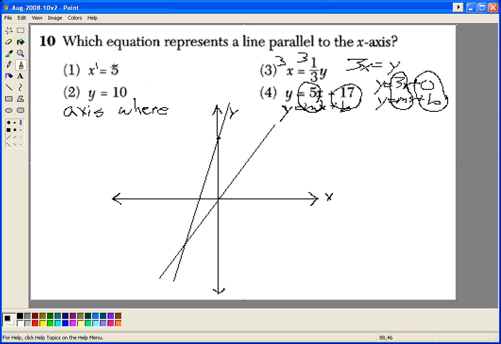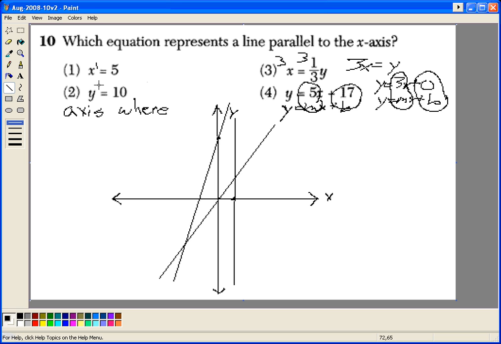This one hits the x-axis at 5, and it goes straight up and down, hitting the x-axis at about 5. Well, that one's not parallel to the x-axis.